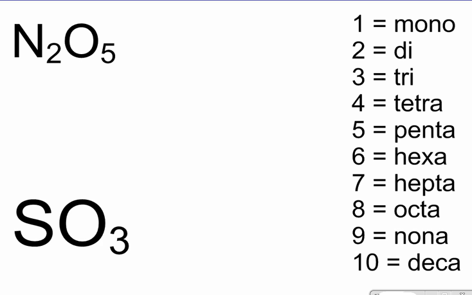And those prefixes tell you how many of each one of those elements is in the covalent compound, in the molecule. So for example, here I have N2O5, that is nitrogen and oxygen.